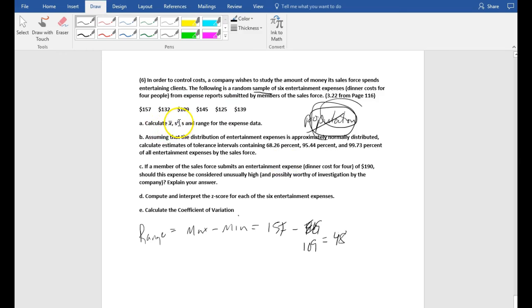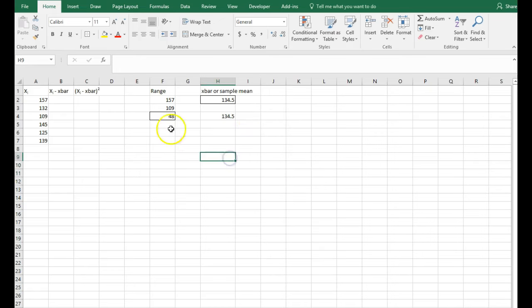Now we want to have s squared and s. So we'll go ahead and do it our handwritten way that we've done in the past. And we'll just minus x bar from all of the x sub i's. So this minus x bar. And we want to hold that, so we hit F4, and that puts the dollar signs on there.